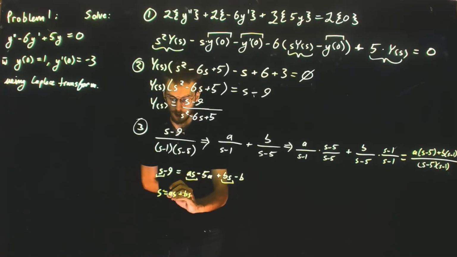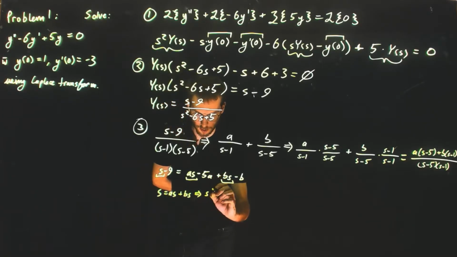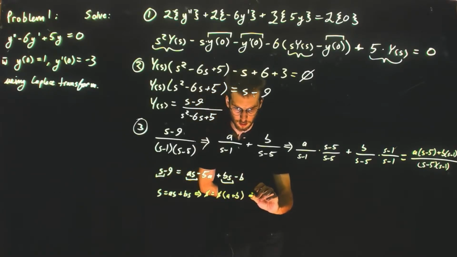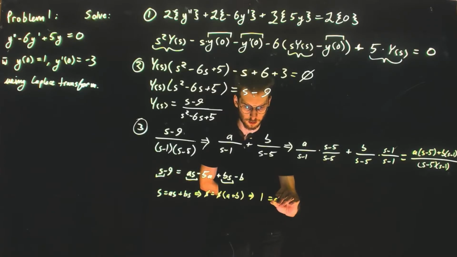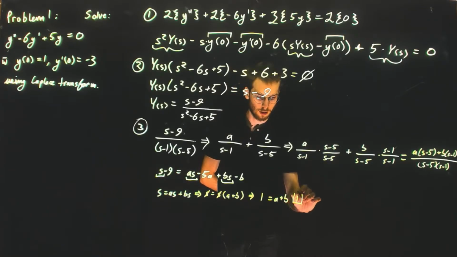We can factor out the S's, so we'll have S is equal to S times (A plus B). Cross these out, and we'll be left with 1 is equal to A plus B. So this is equation number 1.